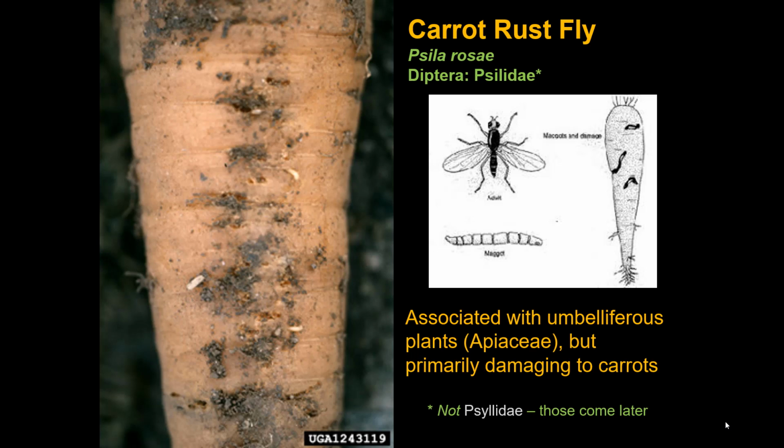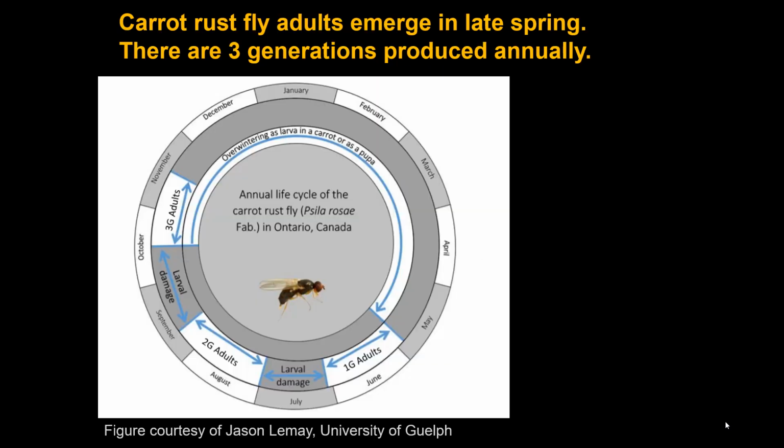By the way, the family name, I think you can see that, is Psilidae, P-S-I-L-I-D-A-E, and this is going to be confusing because later we're going to talk about Psyllidae, at the bottom of this slide, P-S-Y-L-L-I-D-A-E, and that's a very different family of insects that we'll talk about with the citrus psyllid and the potato-tomato psyllid.